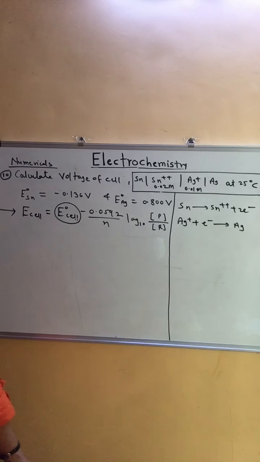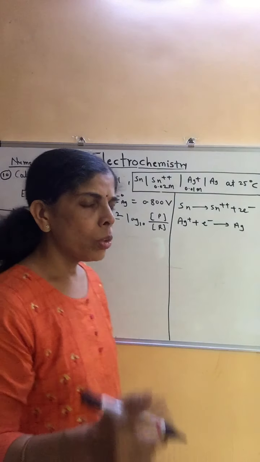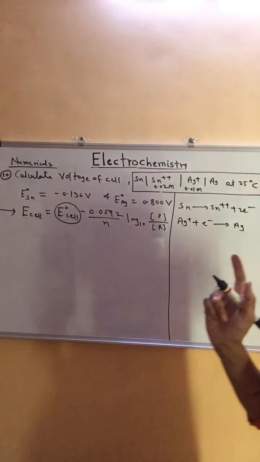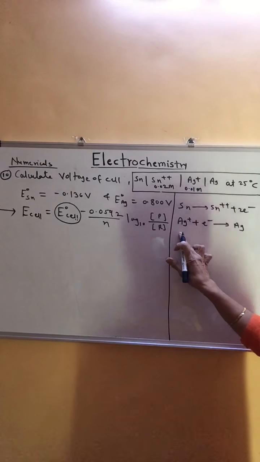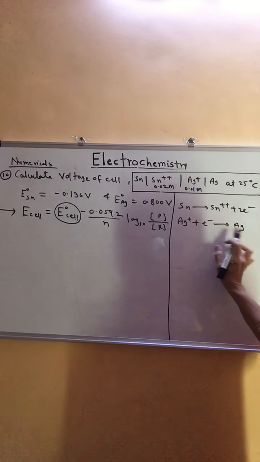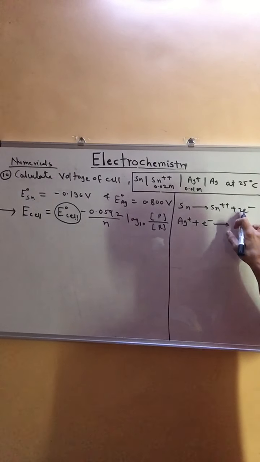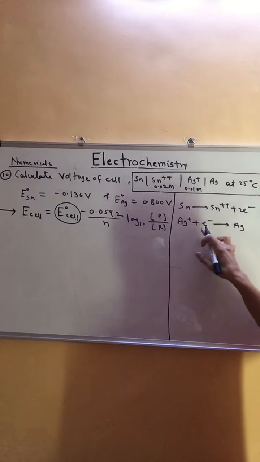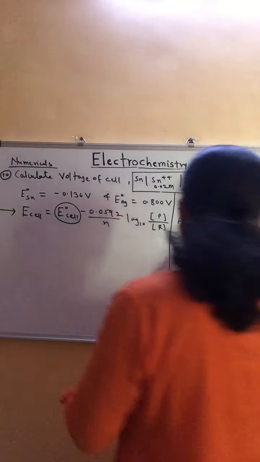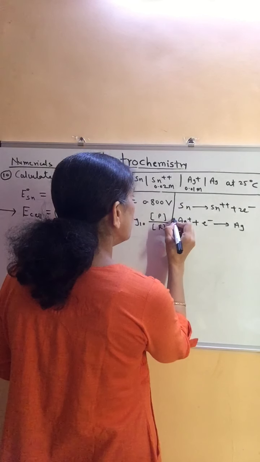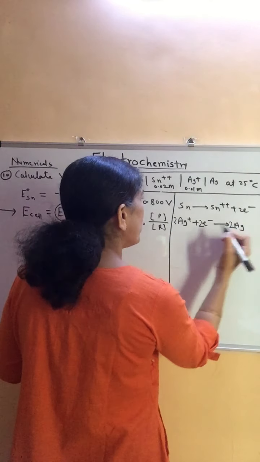If you observe the reactions carefully, 2 electrons are given at the anode and only 1 electron is accepted at the cathode. So you have to multiply the whole equation by 2, so that the number of electrons given at the anode and taken at the cathode become the same. Multiply this equation by 2: 2Ag+ plus 2e minus giving 2Ag.